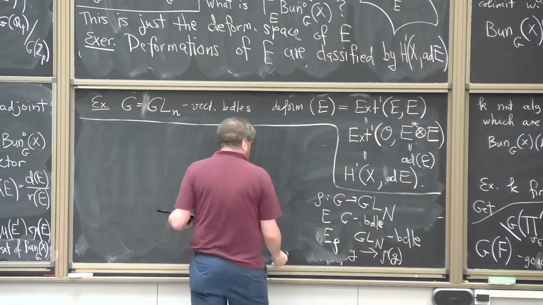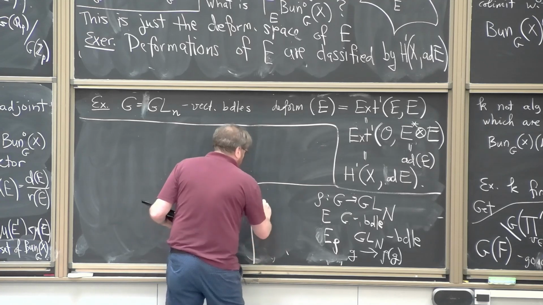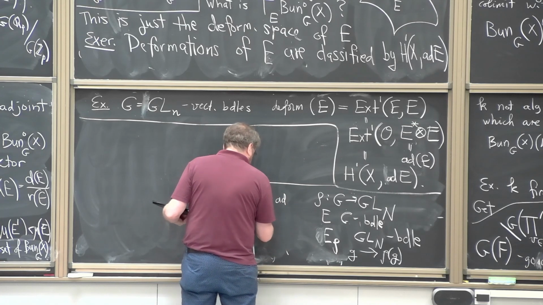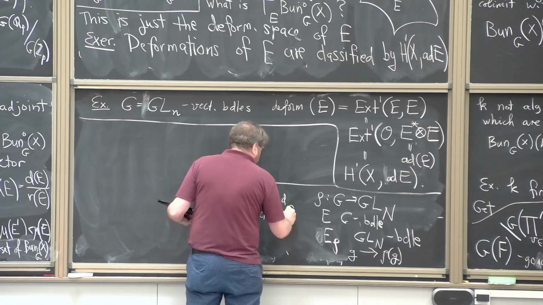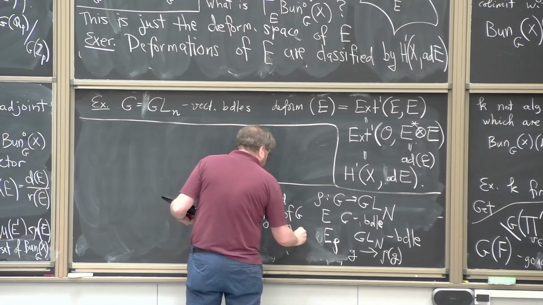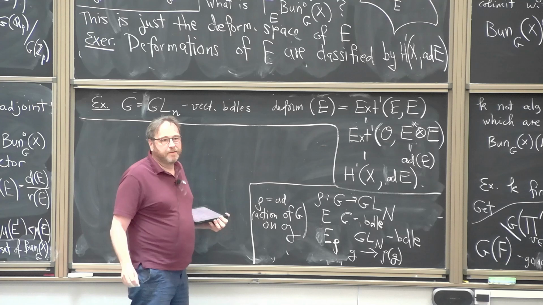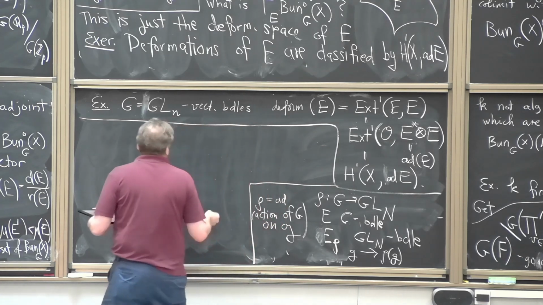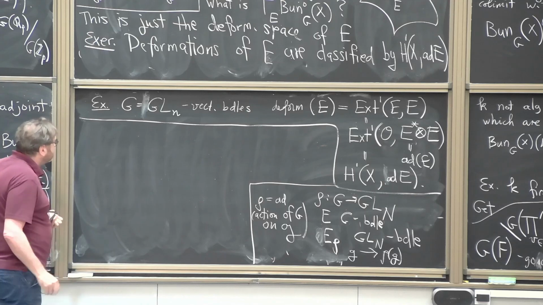And in particular, we can take rho to be the adjoint representation, so the action of the group G on its Lie algebra. Okay, all right, and so this classifies deformations.